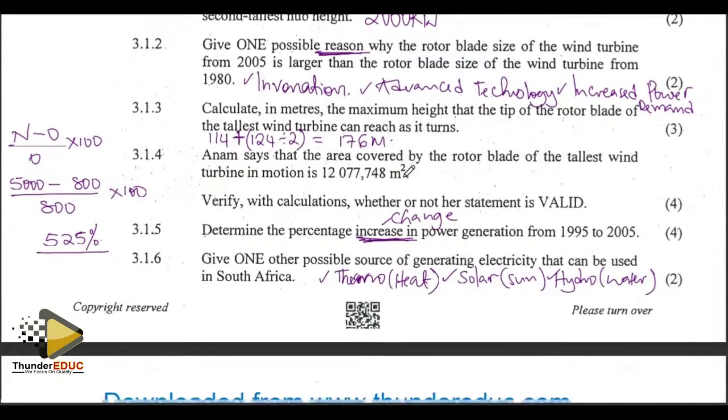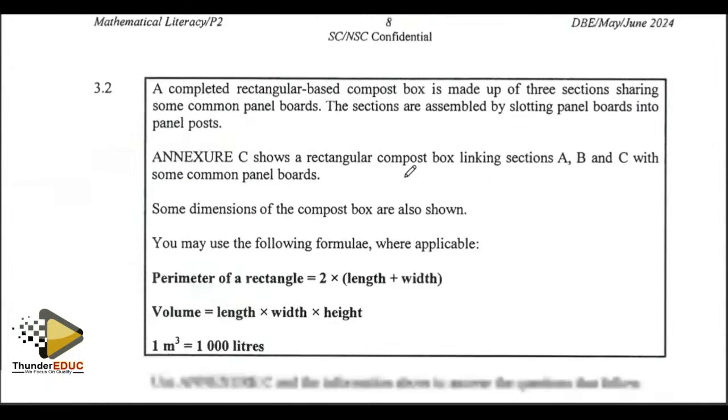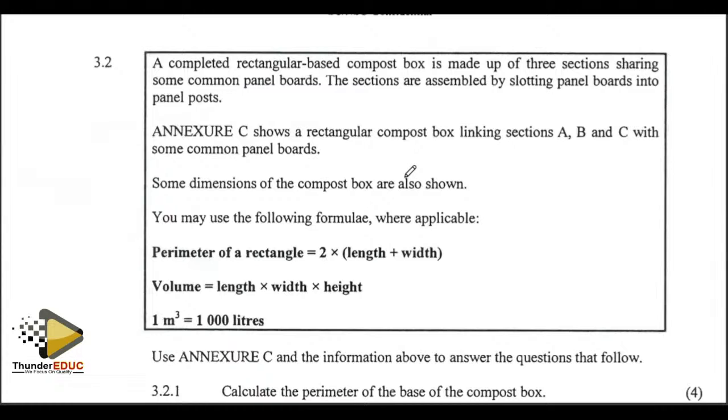Okay, we come to question number 3.2. A completely rectangular base composite box is made up of 3 sections sharing the same common panel boards.